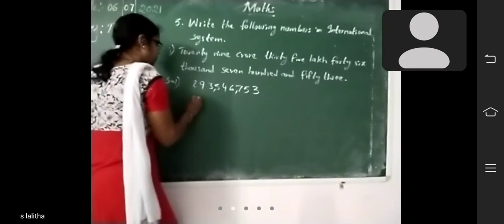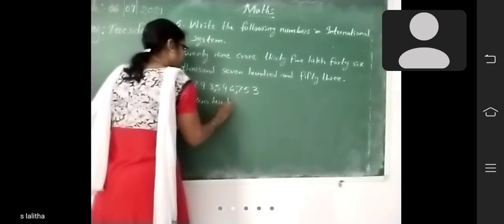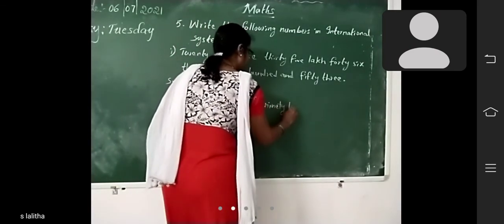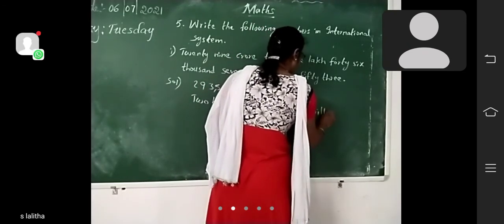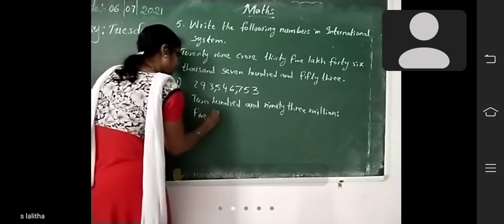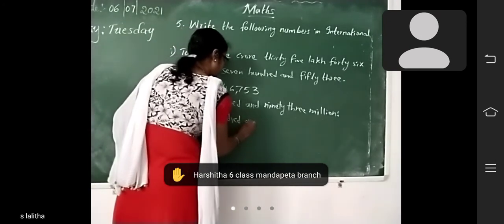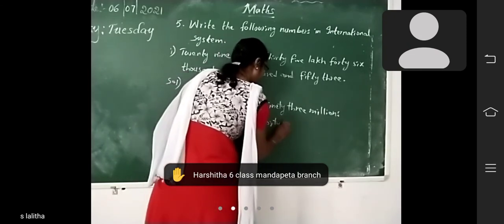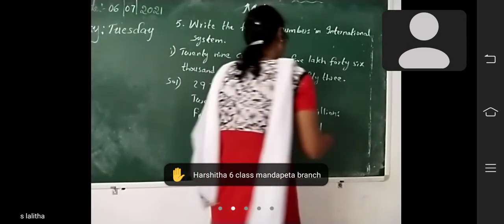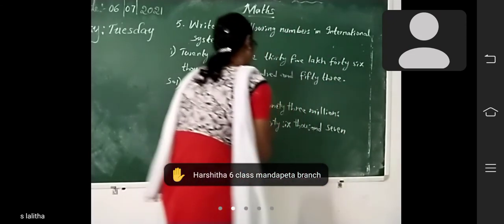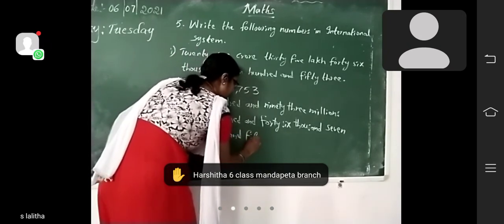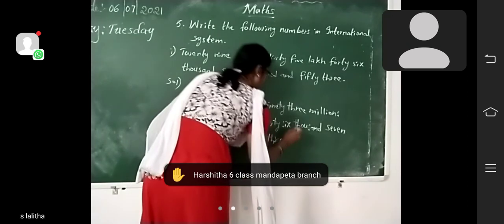Write the number name also, this one. 293,546,753. Okay, ma'am?